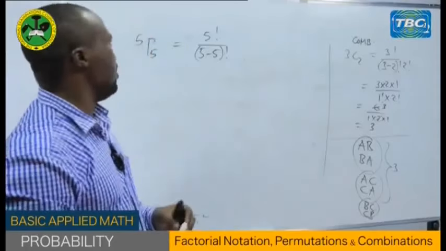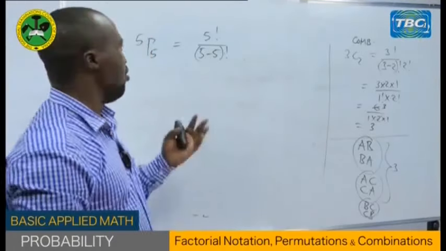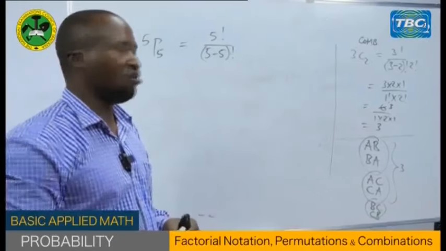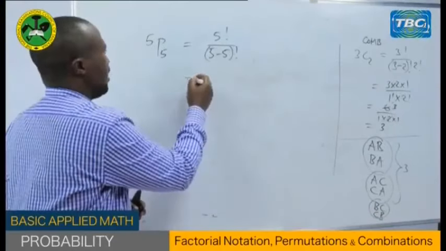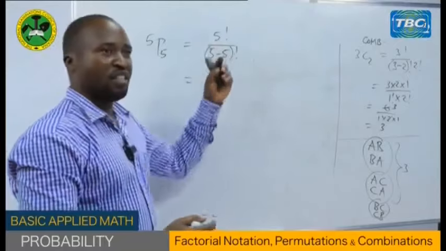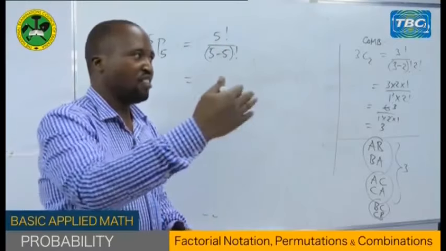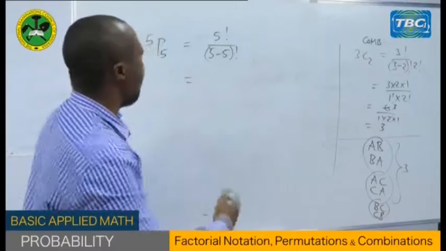That is why we just plug in 5 factorial over 5 minus 5 factorial, which is the same as, remember the expansion for 5 factorial, our first definition of factorial notation.